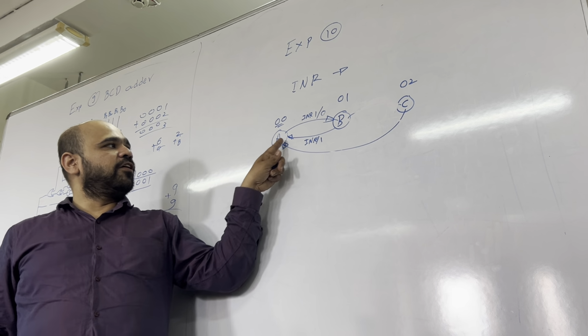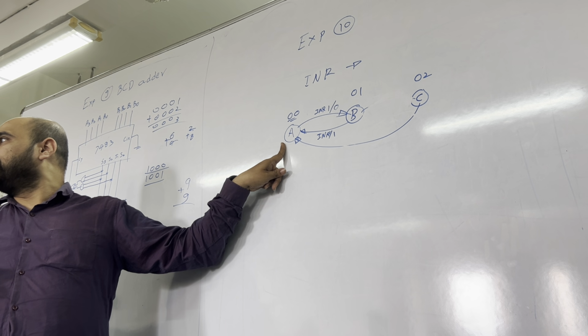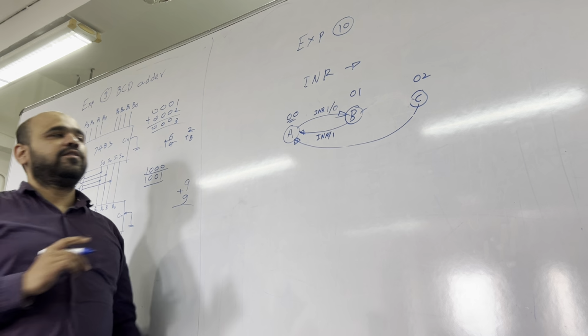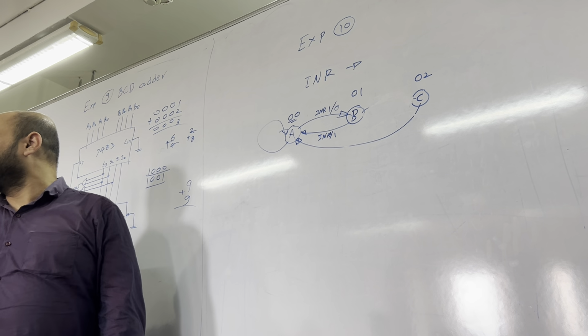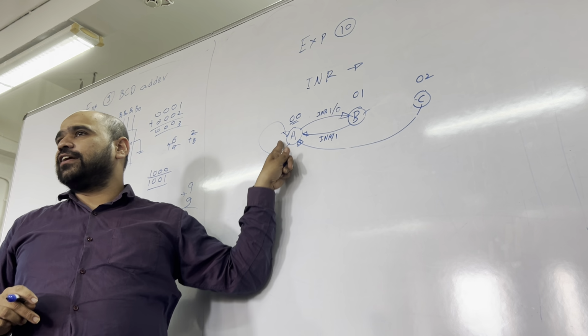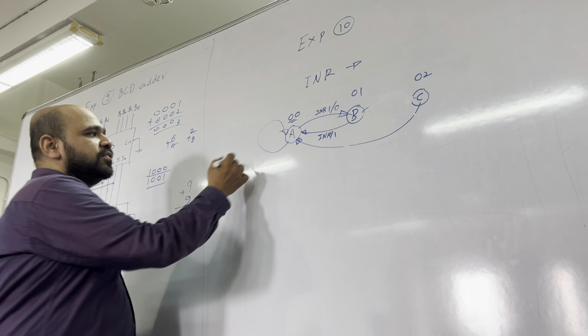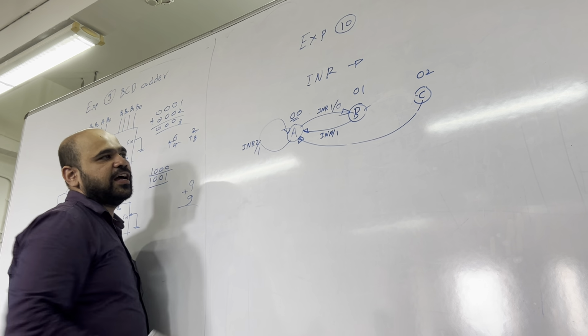Clear? Now what will happen if you are in state A and put directly INR 2? You will dispatch the candy, because we will go from A to C and then dispatch the candy and say balance is 0. So this is INR 2 and then slash 1.